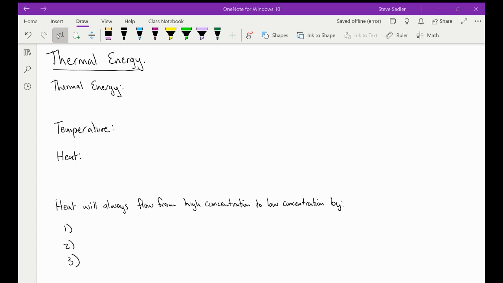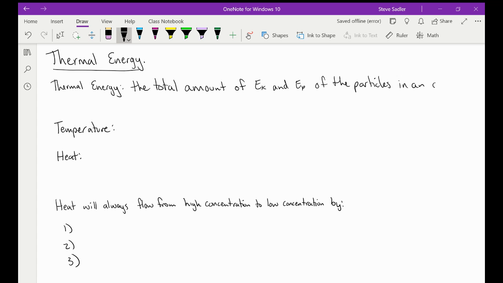So first of all, thermal energy is the total amount of kinetic energy and potential energy of the particles in an object.